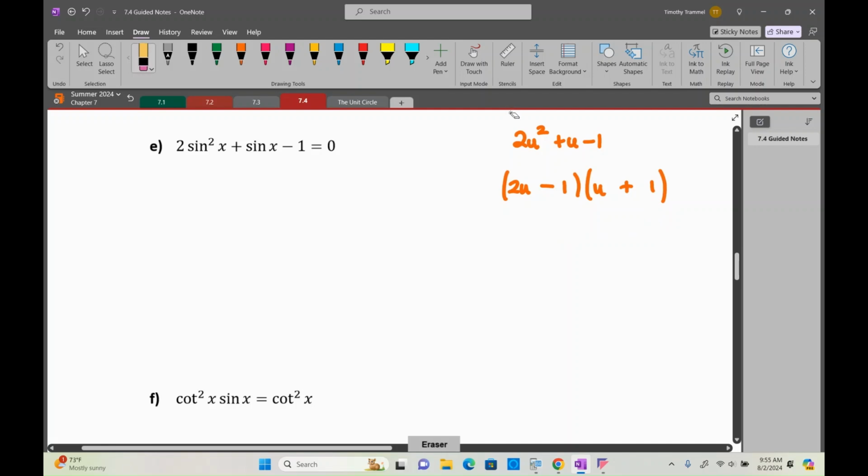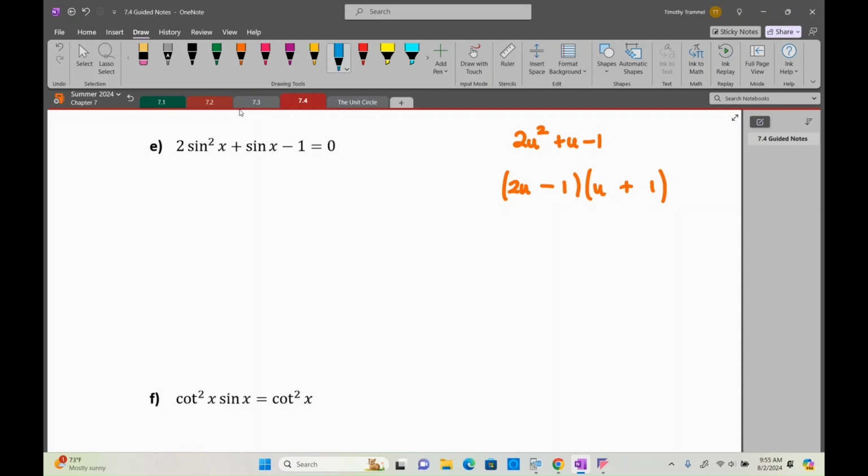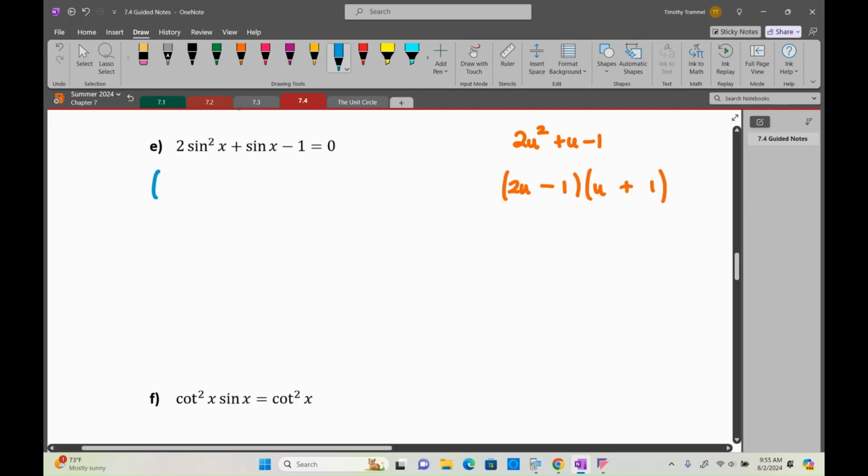So we factored it through guess and check. You could also use the AC method or the quadratic formula. But let's write this out. Instead of u, we're going to use sine of x. So it's going to be 2 sine of x minus 1 times sine of x plus 1 equals 0.